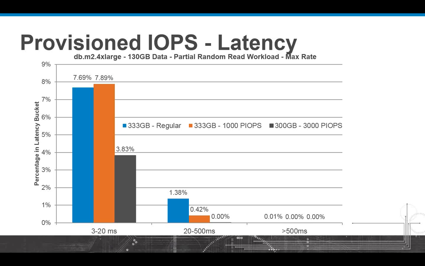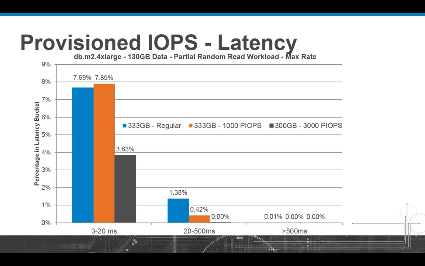A lot of transactions are executed in less than 3 milliseconds. They are not displayed in this chart. For the most part, if your transaction is taking less than 3 milliseconds, your applications should be pretty happy. 3 to 20 milliseconds is a reasonable latency target. 20 to 500 milliseconds is where you might end up with somewhat of a suboptimal experience for your users.